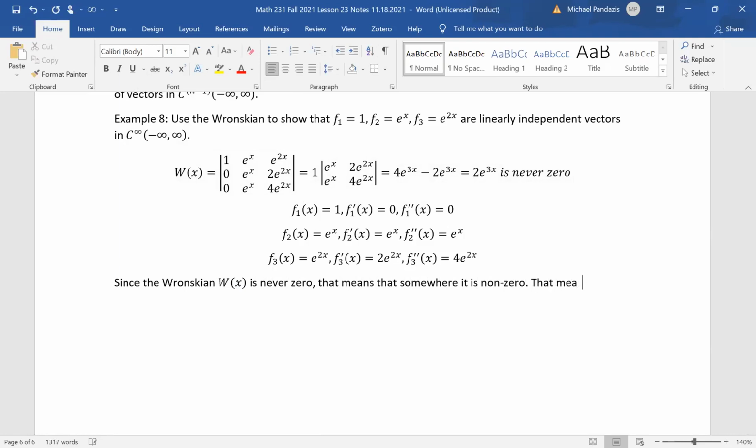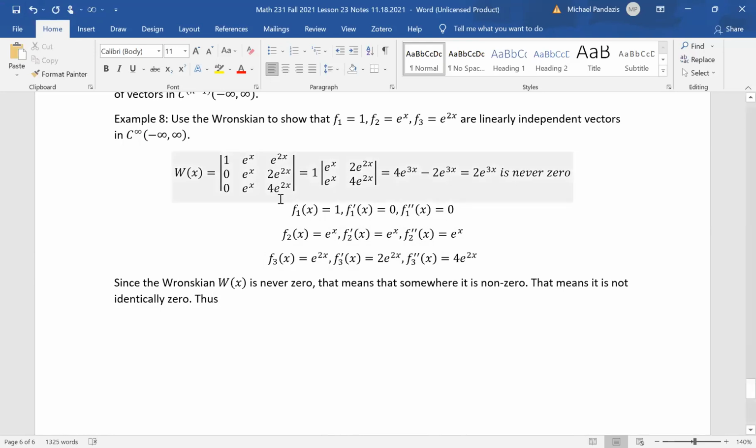That means it is not identically 0. Don't mix up the fact that it's never 0 with needing that much. You only need that somewhere it's not 0. And we got an even more extreme case where it's never 0. And so since it's never 0, it's certainly somewhere not 0.